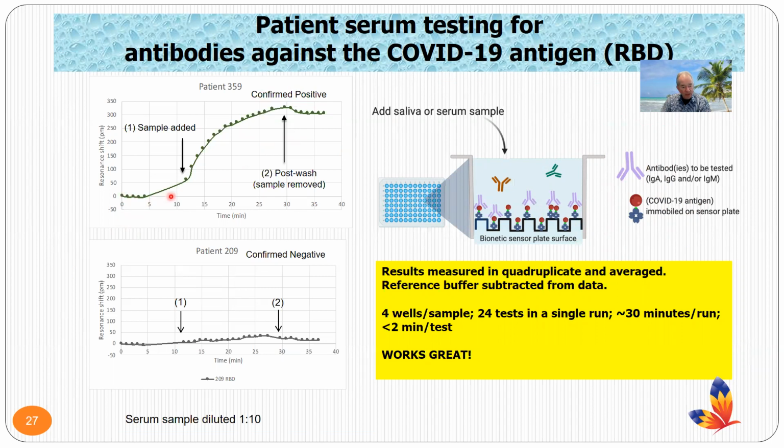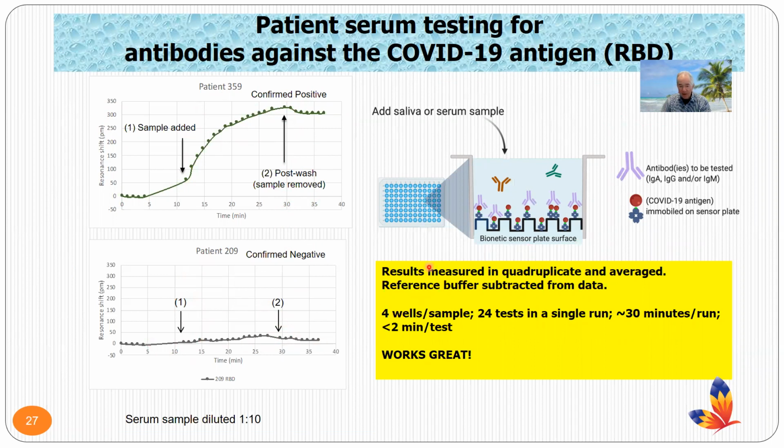We have some stabilization steps here, and then we add the sample at about 12 minutes, and immediately there's a resonance wavelength shift from about 50 picometers to about 350 picometers here, measured here on the scale. And post-wash it remains. And so this is a confirmed positive test, whereas for a confirmed negative patient, essentially nothing happens.